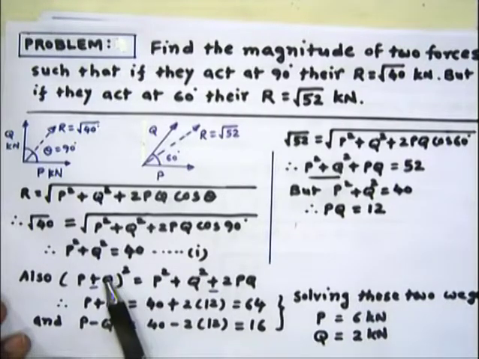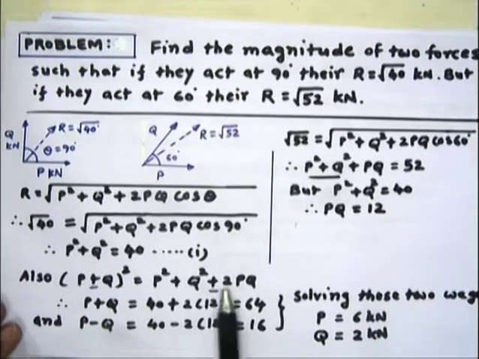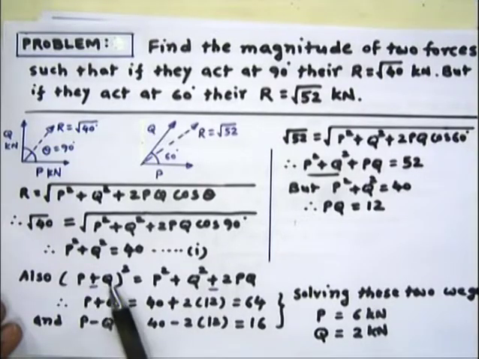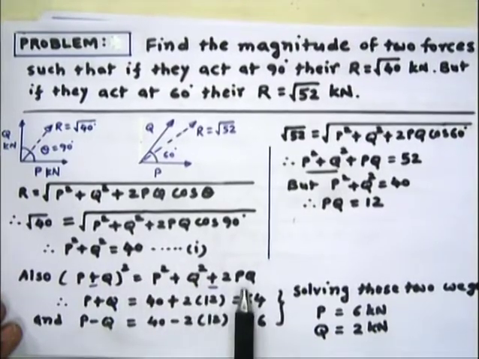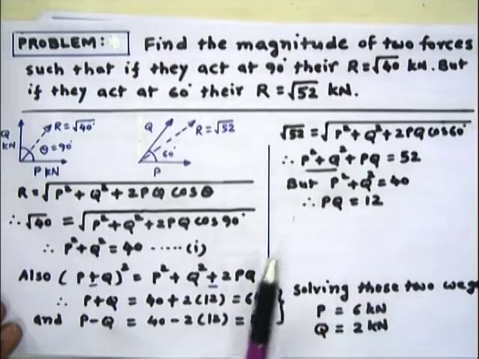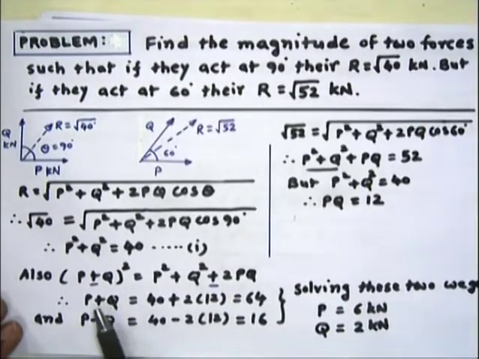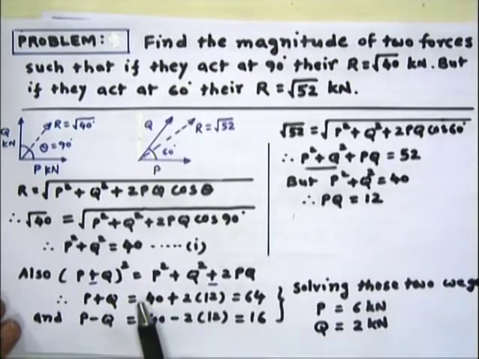This is nothing but the expansion of P plus Q whole square, and with the minus sign, P minus Q raised to 2 gives P square plus Q square minus 2PQ. So writing values, in place of P square plus Q square we write 40, and in place of PQ we take 12, and we then get P plus Q as 64 and P minus Q as 16. So solving these two equations, we get P equal to 6 kilonewton and Q equal to 2 kilonewton.